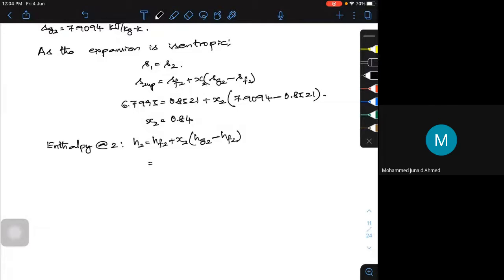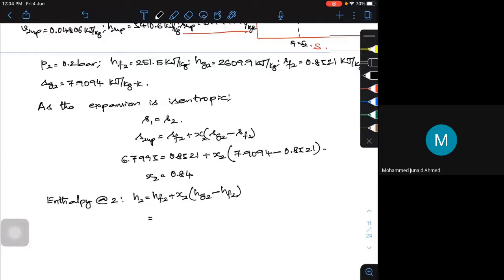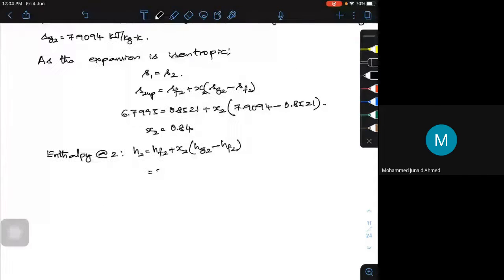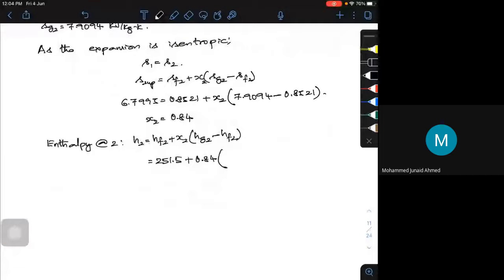So HF2, as we got before, is 251.5, plus X2, which we just found is 0.84, into Hg, 2609.9 minus 251.5. So I am going to get H2, which should be less than 2609.